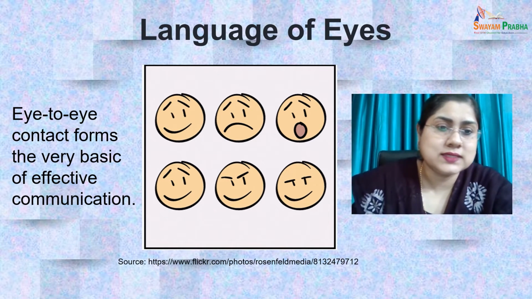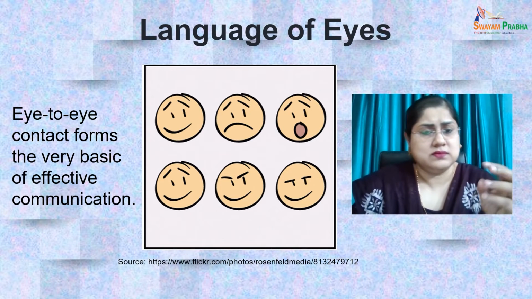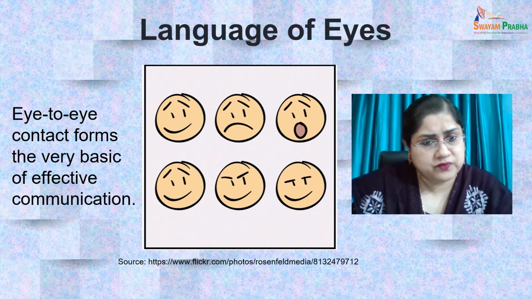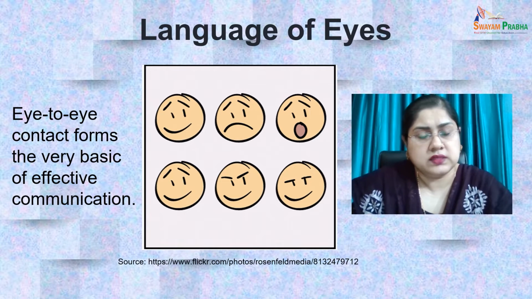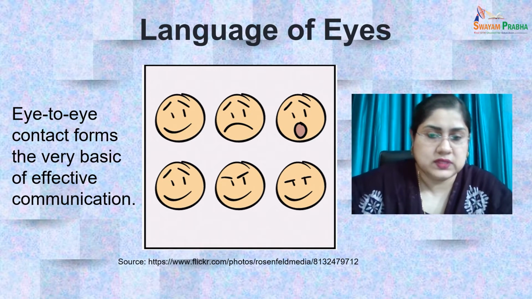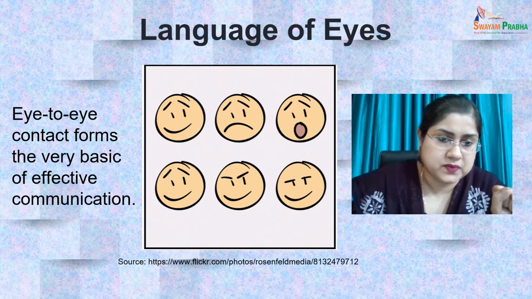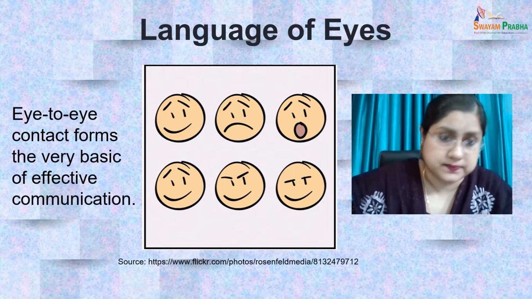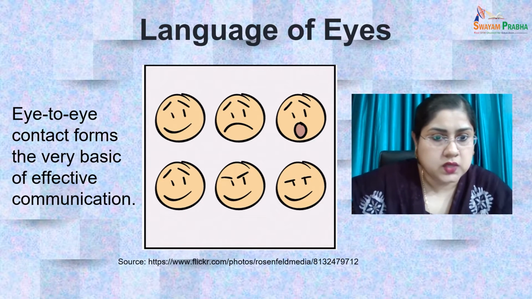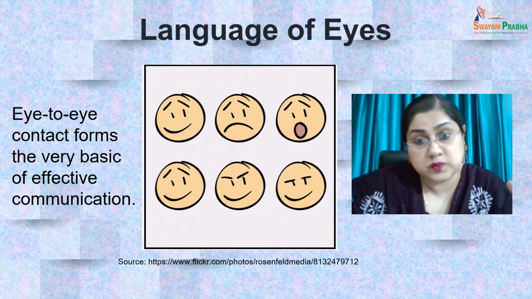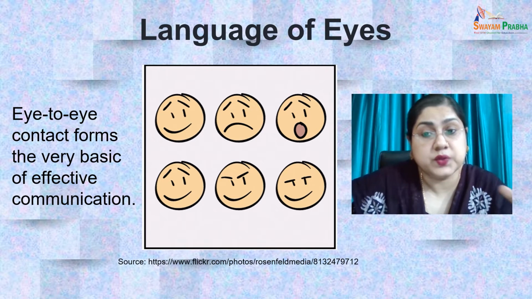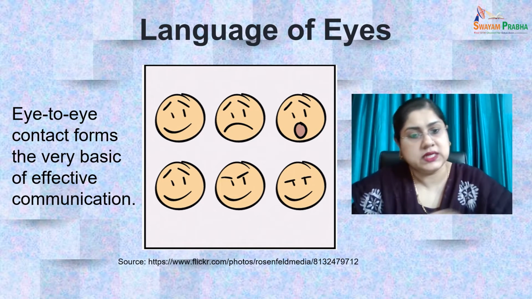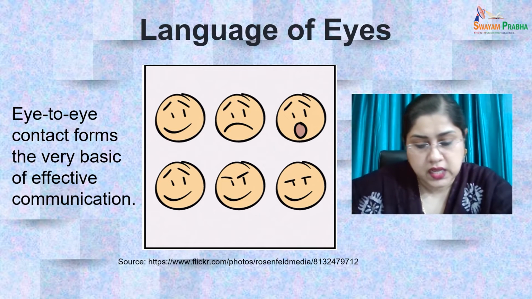So eyes can very easily convey what exactly is the intention of that particular communication by the person who is getting the communication done, or the sender. The language of the eye may also be considered common and universal to almost all the cultures and societies of the world.